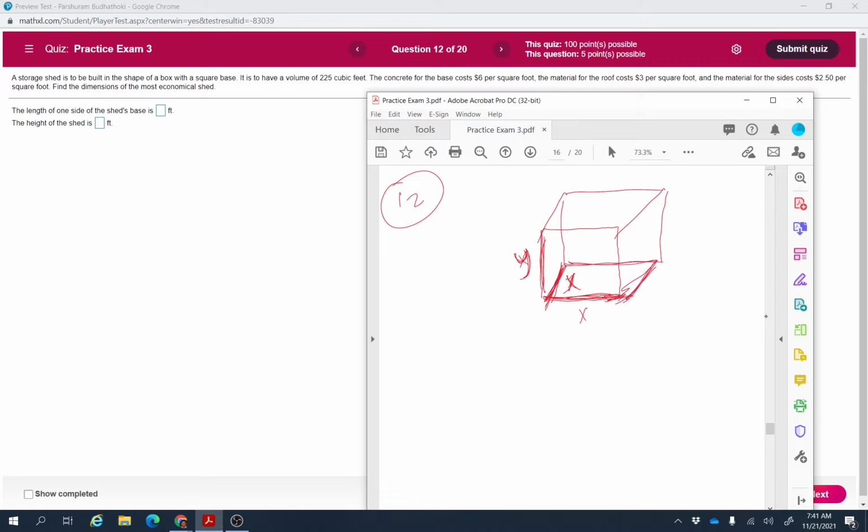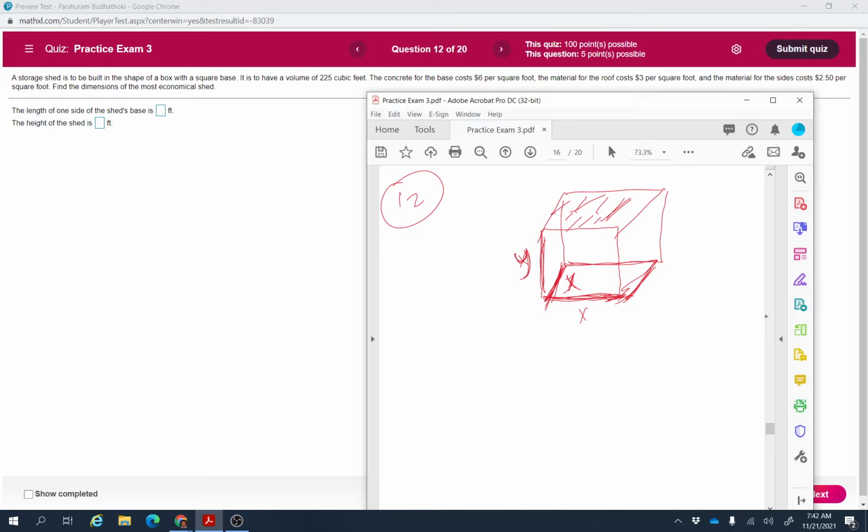So we want to minimize the cost. To create this storage, there are 6 sides, as you can see. One is the bottom part, the base. Another one is the roof, which is also x times x, and then the 4 walls. The 4 walls can be calculated by multiplying x and y: x times y, x times y, and so on.